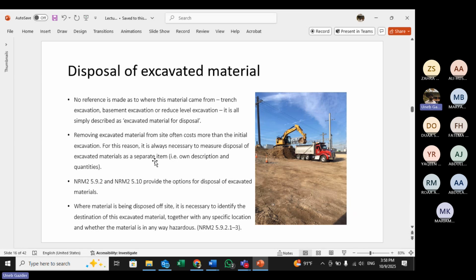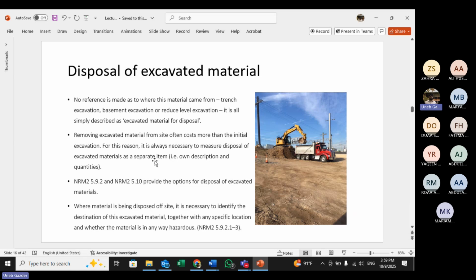Excavation is a separate item, disposal is a separate item, but these two are linked with each other. When you do excavation, disposal is required, obviously, but the cost is not combined. The cost is separate because disposal can take more cost or more money than the excavation itself. So you cannot combine the cost.